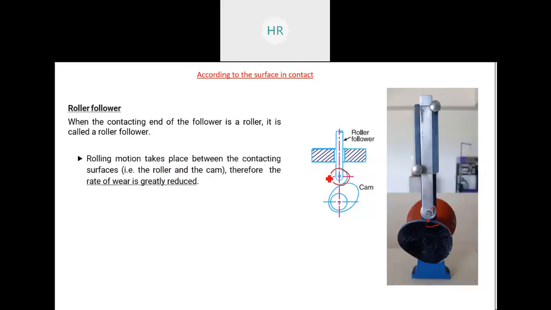Rolling motion takes place between the contacting surfaces, therefore the rate of wear is greatly reduced. Because of rolling motion, the wear will be very less.